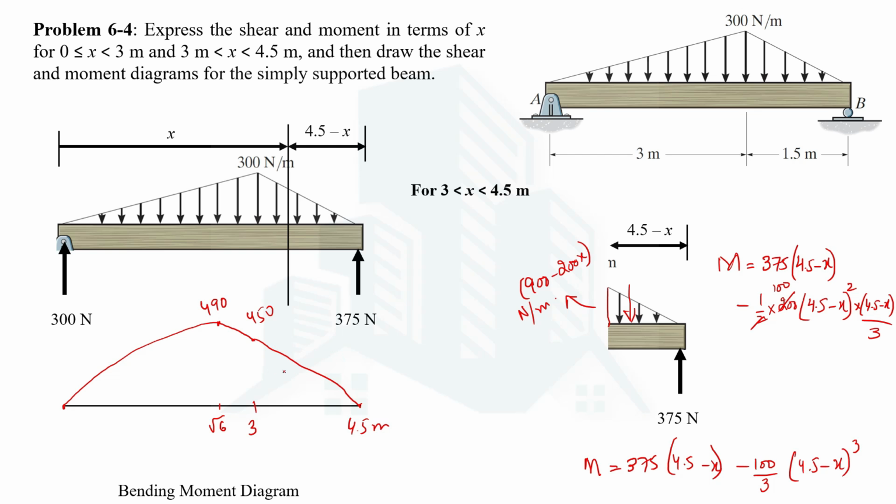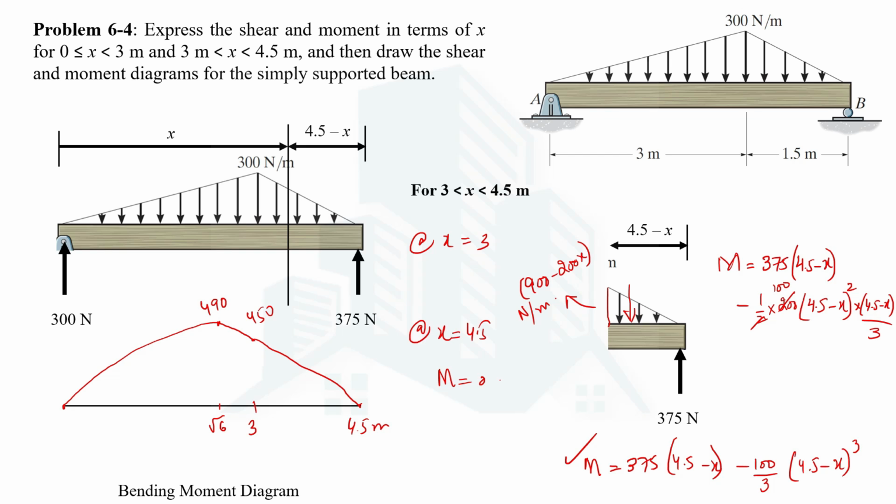This is how the calculations for the bending moment are done. We derive the equation for the bending moment first, and then simply put the value of x, let's say at 3, you're going to get the same value, 4,450 Newton meter. And if you put the value of x equal to 4.5, you are going to get the moment as 0.